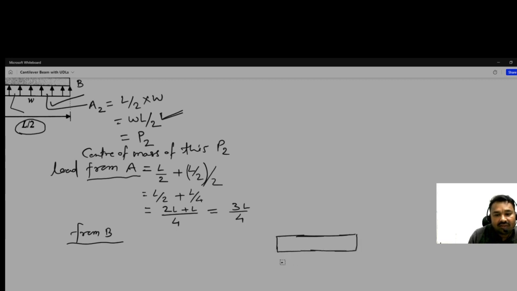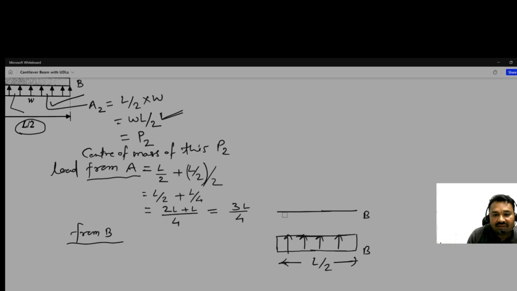Okay, so this length is L by 2 from B, and it is acting upwards. So where will be the center of mass of this load? This load means we have converted that.